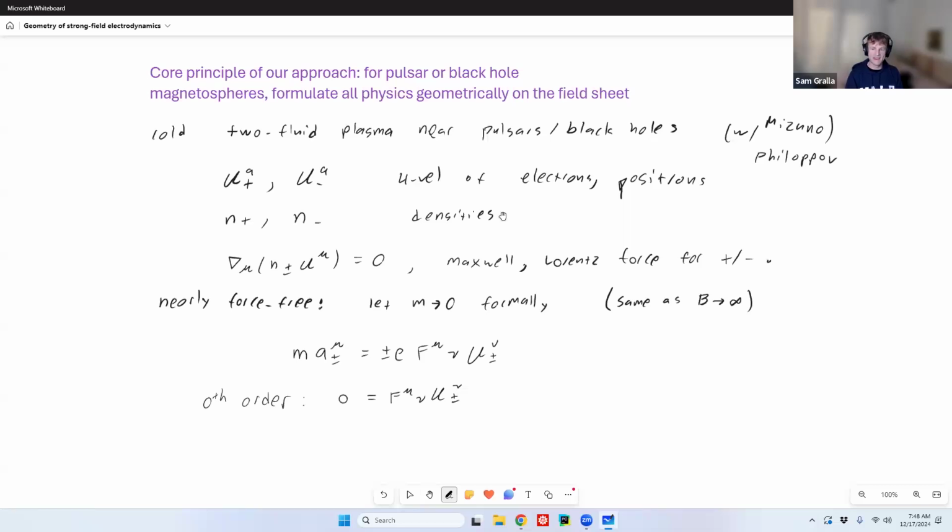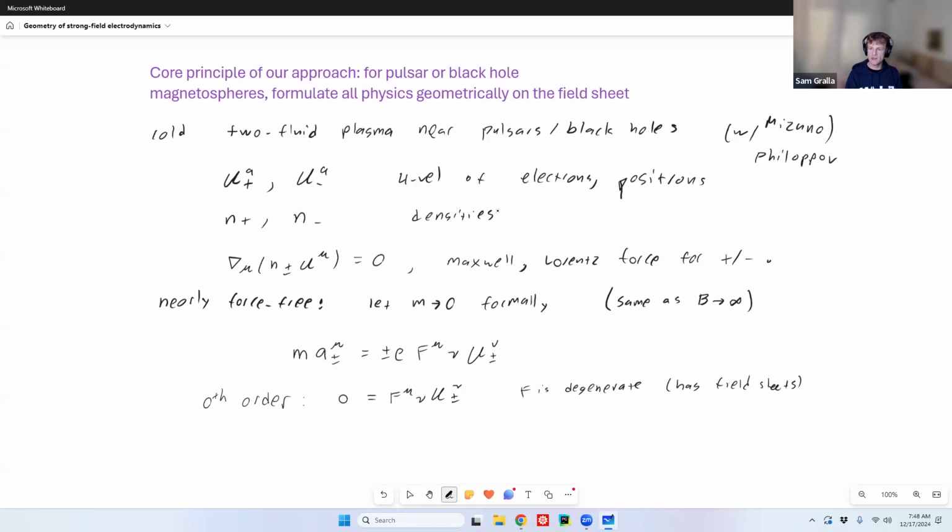And that's just, again, the statement that f is degenerate. It has a 0 eigenvector. So we get these field sheets. And in fact, it goes further than that. F is going to be actually force-free.